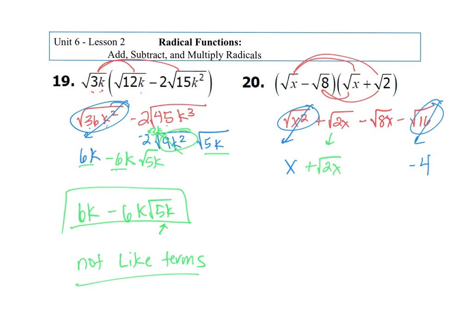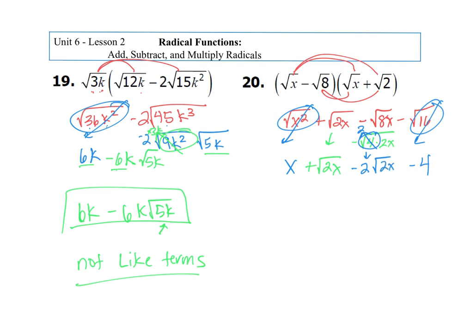Anytime 2 is underneath a radical, you can't ever break down a 2, guys. It's just never going to happen. Think of this as minus, and then I have 8 can break down. We have a 4, and I'm going to say times 2x. That's like the leftover part. 4 comes out, square root of 4 is 2, so this is minus 2, and then square root 2x.